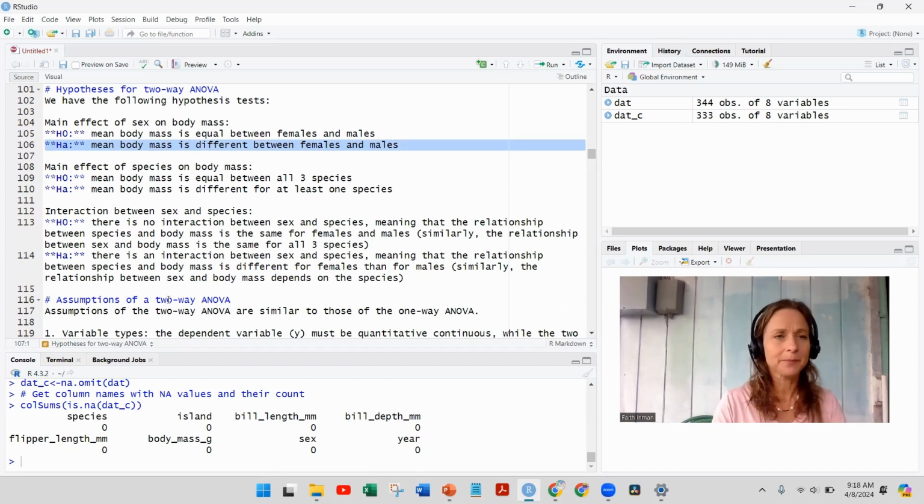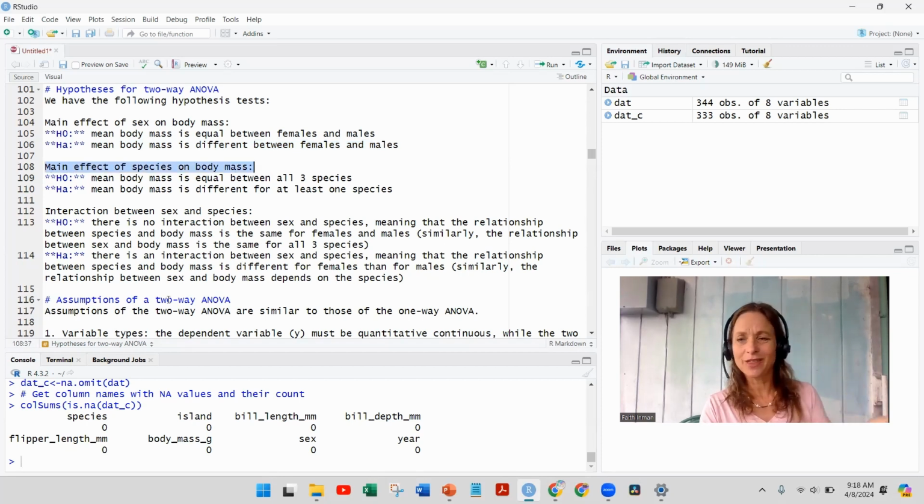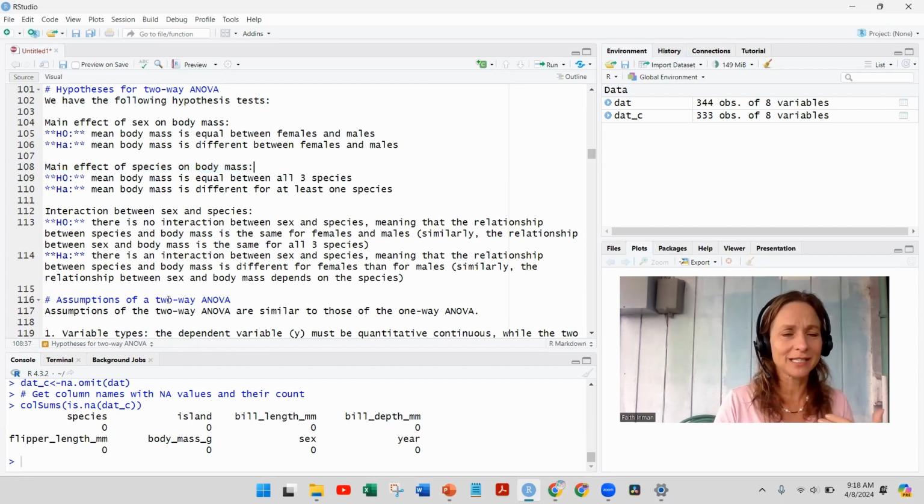Not different, different, right? Main effect of species on body mass. Right now we're checking for that second categorical variable, that second factor of species. Our null hypothesis is that mean body mass is equal between all 3 species, and our alternative hypothesis is that mean body mass is different for at least one species.